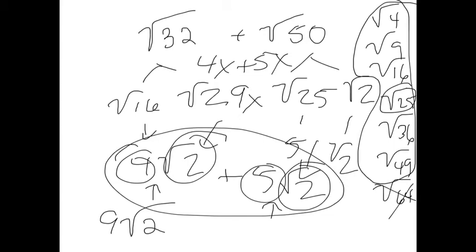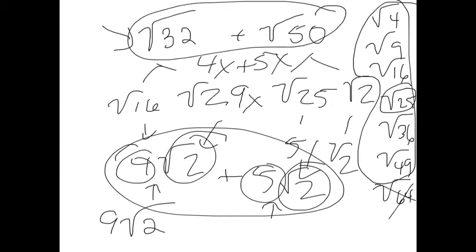That means that if on your calculator you did the square root of 32 and you added to that the square root of 50, which is the original expression that we have, whatever number you get on your calculator after pressing equal should be the same as what you get if you press 9 times rad 2, because 9 rad 2 means 9 times rad 2. You do not have to know how to add or subtract radicals, but I wanted to show you what's to come as you get further into algebra.